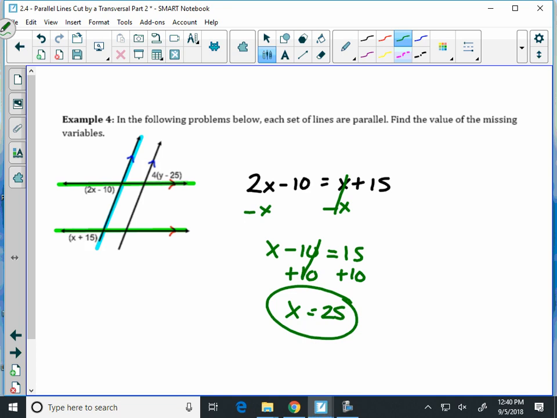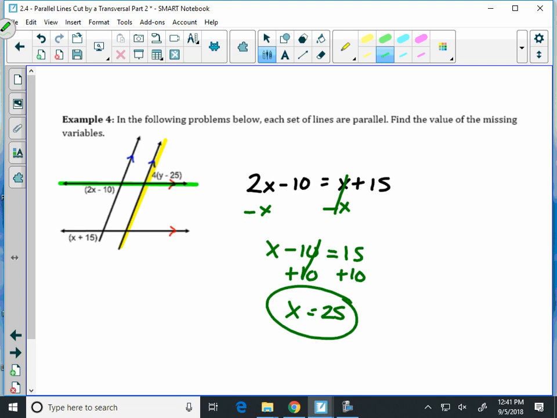For y, we have to figure out which one of these angles we're going to pair up with y. When we look at this diagram, again, we have to figure out which one has the same transversal, which one's touching the same line as y. So I'm going to highlight the lines that y is sitting on. Y is sitting on this yellow line and this green line.